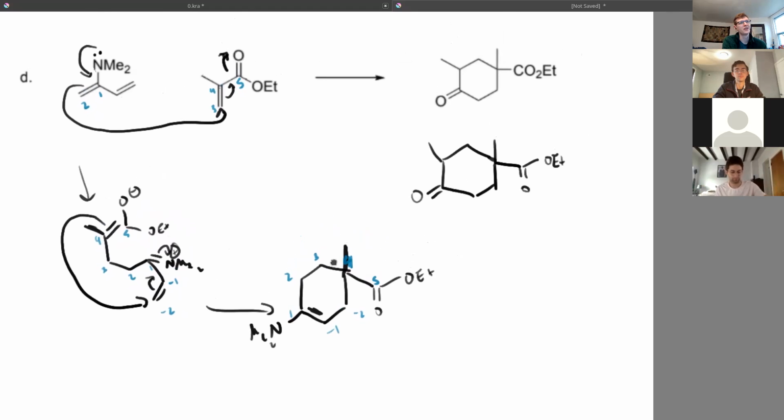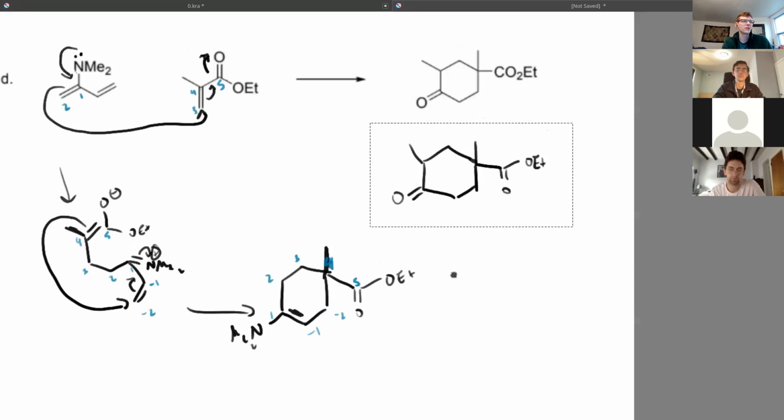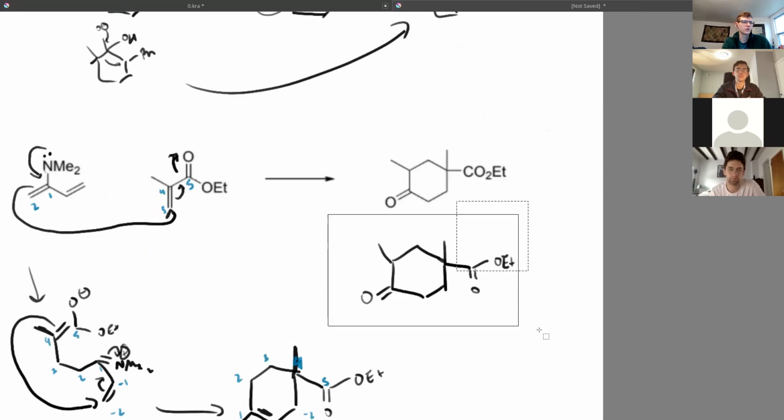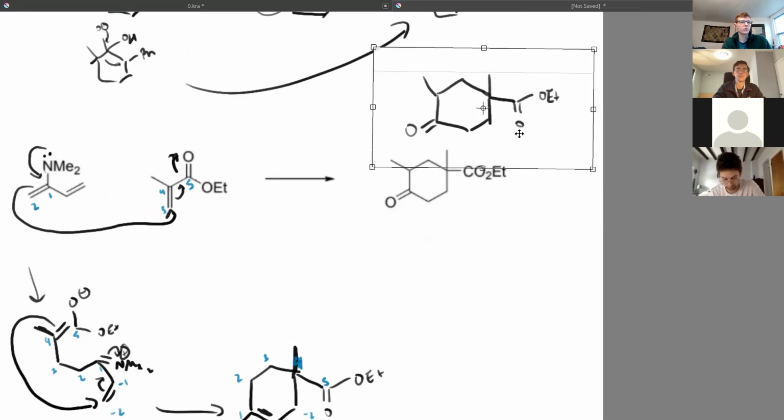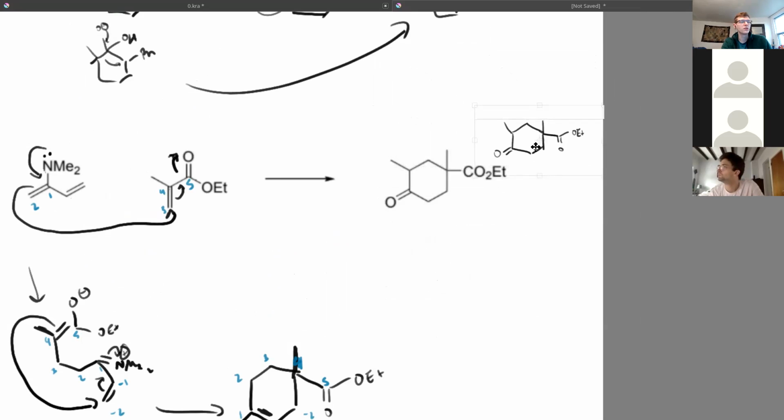I think it might just be the fact that we have this enamine here. So we just give it something to react with, right? This enamine will already react on its own. So why don't we just give it something then, right? Let's move this thing. Grab this. We can move this up here, right?